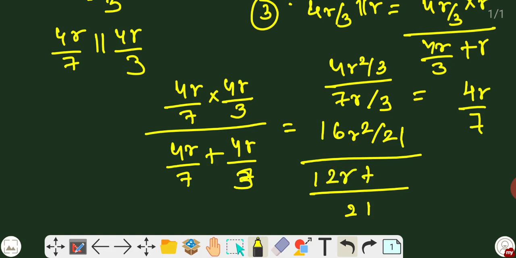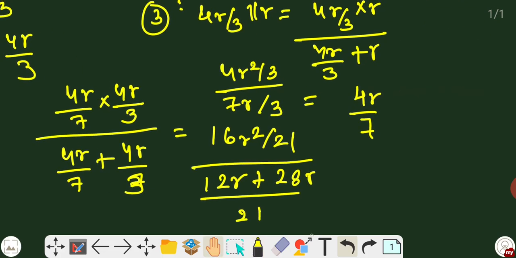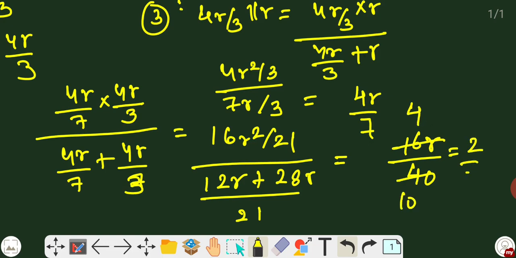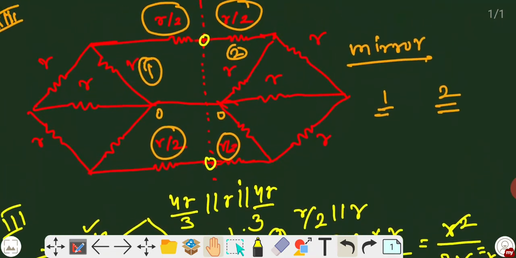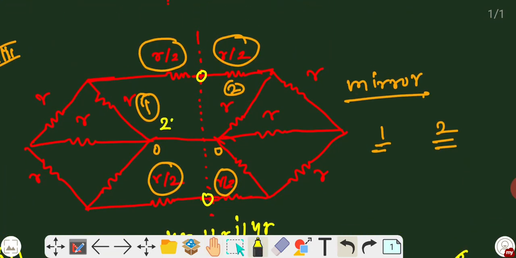In the 3, 21 comes 7 times, it is 20R. So it is like 16R upon 40. Dividing both of them by 4 and 10, that is 2 by 5 R. Okay, so for the one part we get 2R by 5.